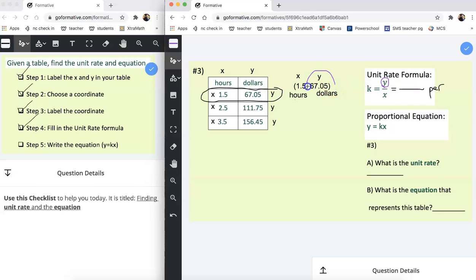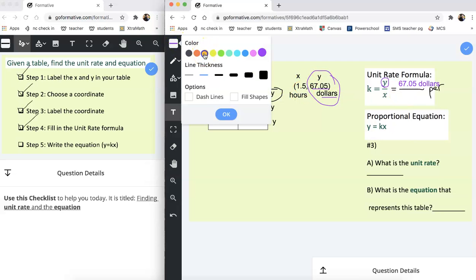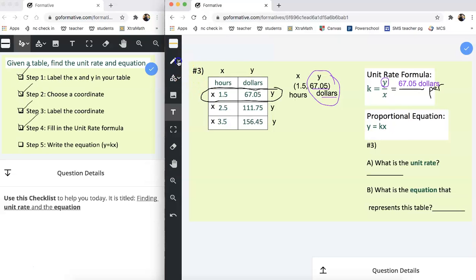So I look over here, my Y value is $67.05, so I'll type that in the numerator. $67.05. And then I grab another color, and I'm looking for the X value now, and our X value is 1.5 hours. So I go back to the typing tool, and I'll type in the denominator 1.5 hours.